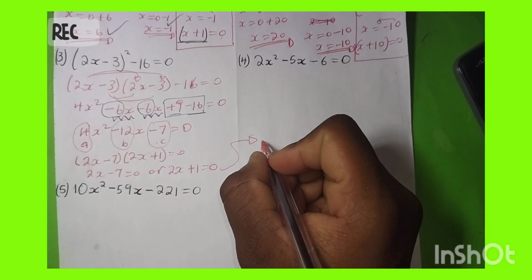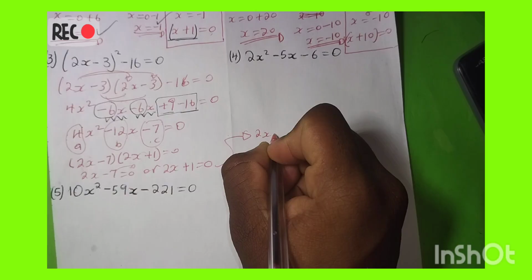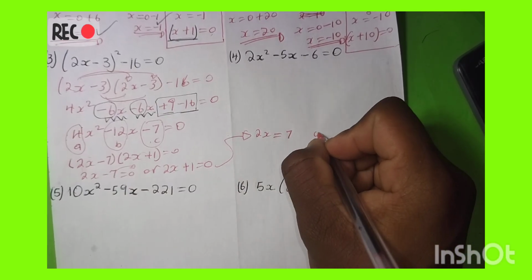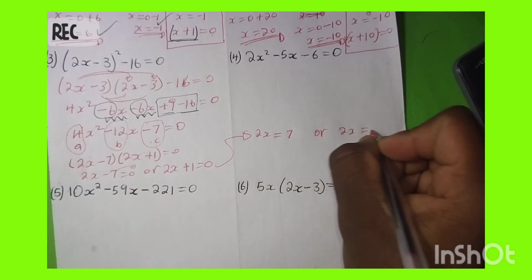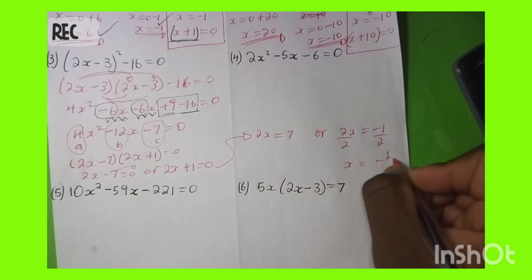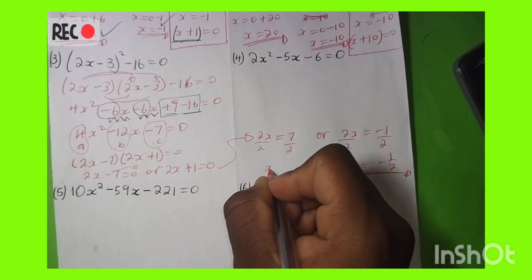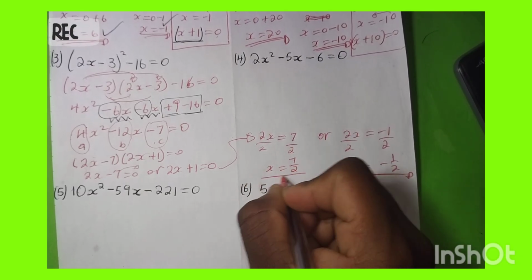For this one, I will take that 7 to the other side, so it will be 7. The other one will be -1 divided by 2, so that I still get those answers. Here divide by 2, even here I should still get those answers.